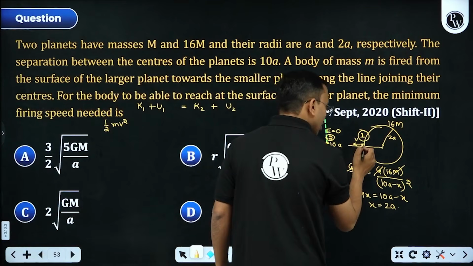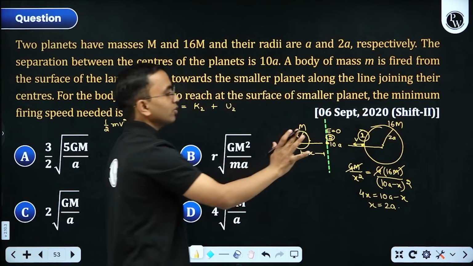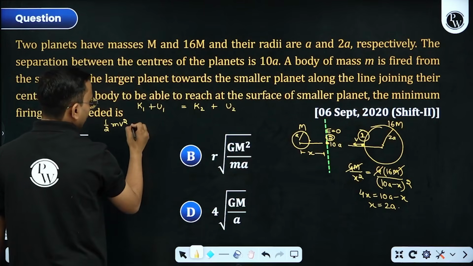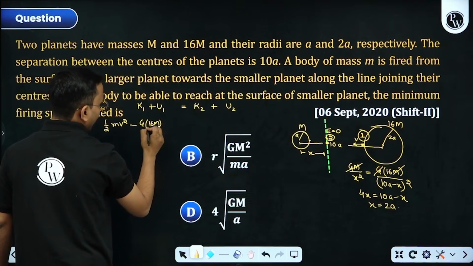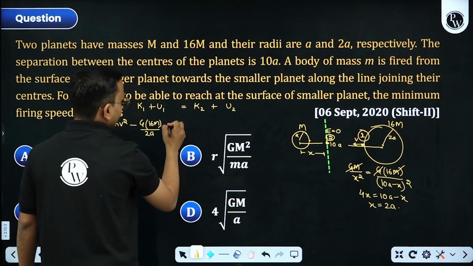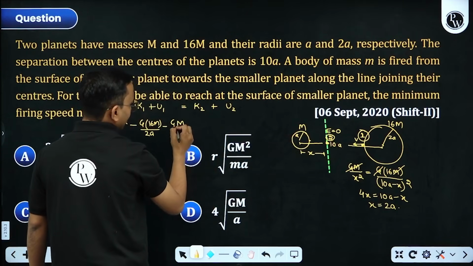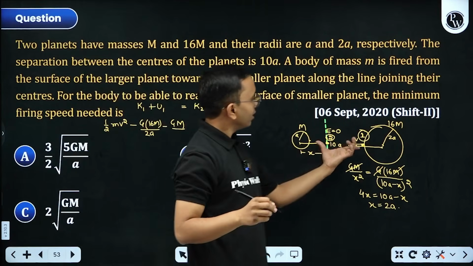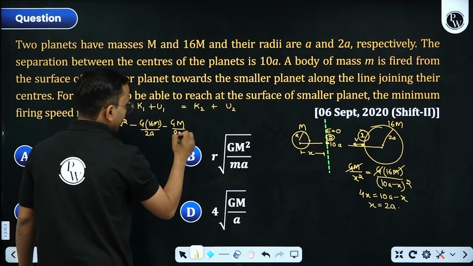What is potential at 1? When you write potential here, you need to write potential energy due to the bigger sphere as well as due to the smaller sphere. Due to the bigger sphere, that is minus G into m into 16m divided by the radius 2a. Due to the smaller sphere, that is minus G into m divided by the distance, 8a from the center. This is the initial potential energy.